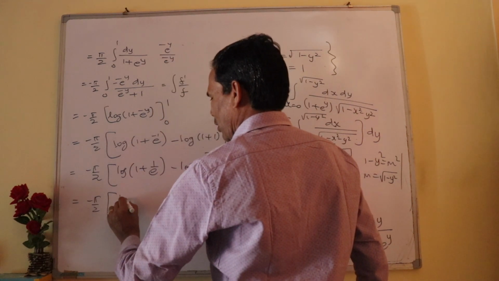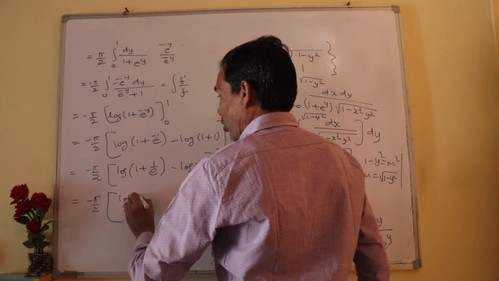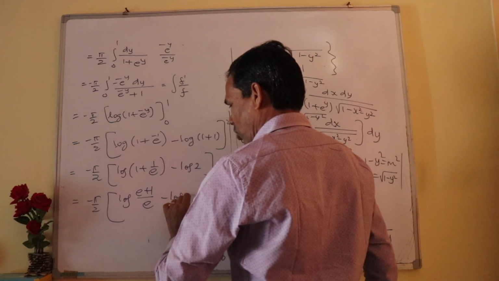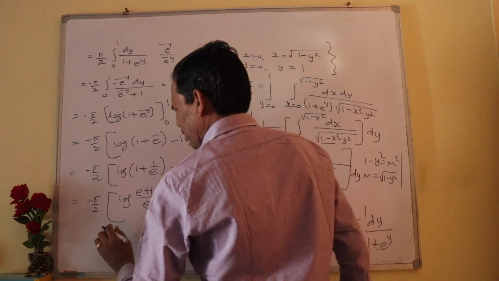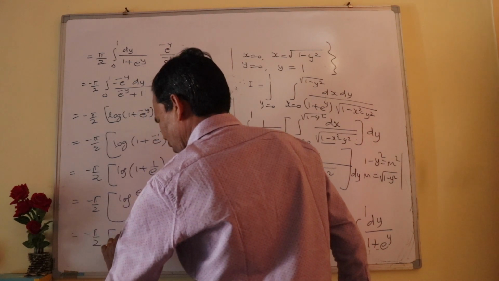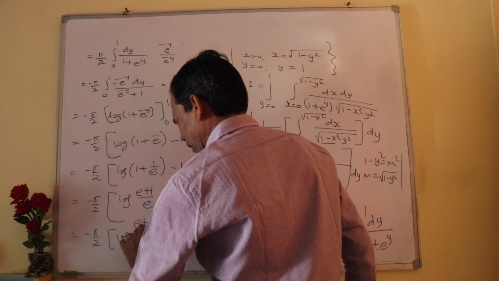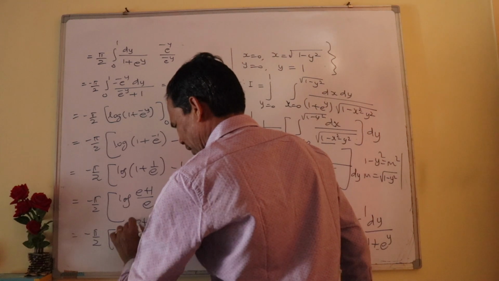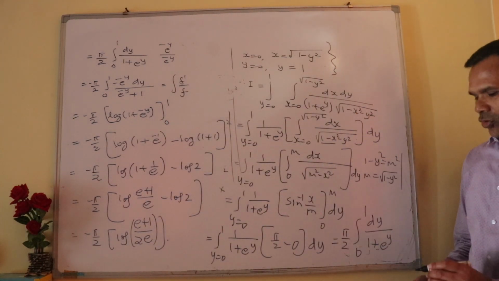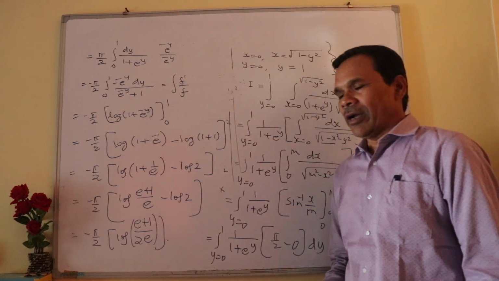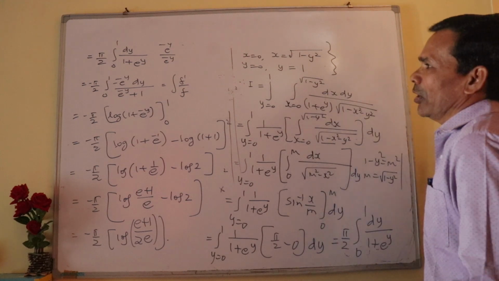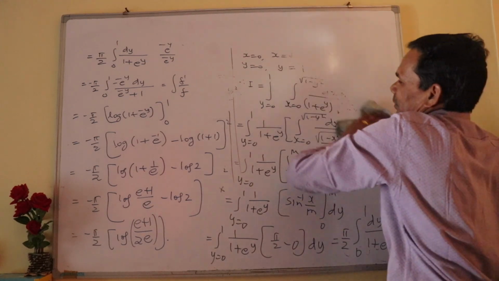This is log of e plus 1 divided by e minus log 2, or you can simplify this as minus pi by 2 inside the bracket log of e plus 1 divided by 2 times e. So this is the final answer for this problem. So this is changing the order of integration. You can change the order of integration and evaluate.